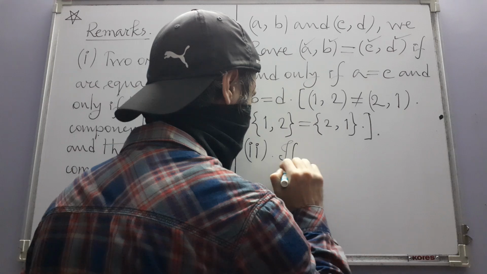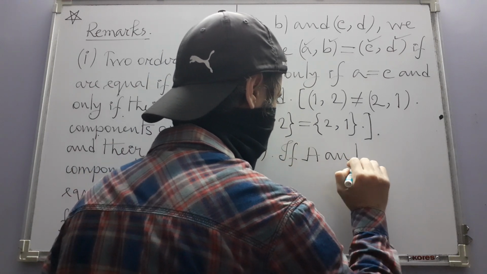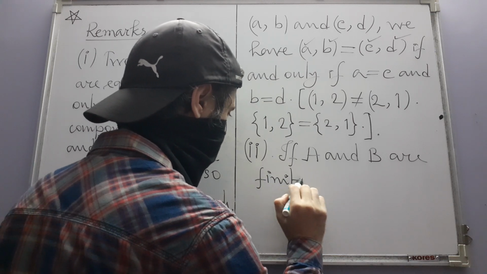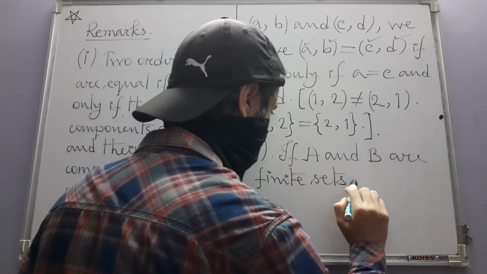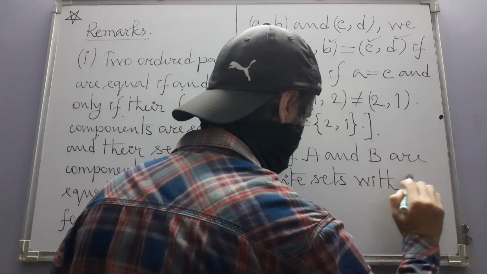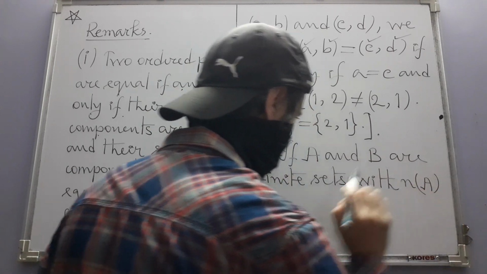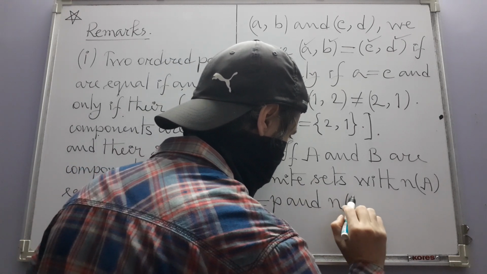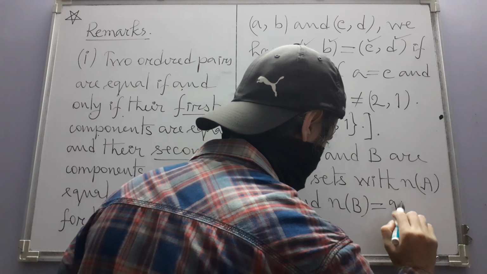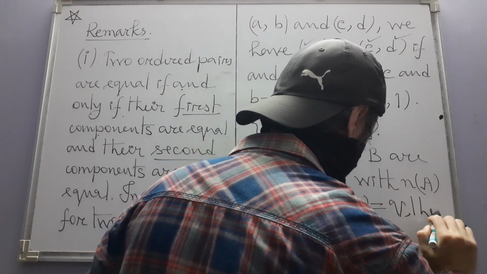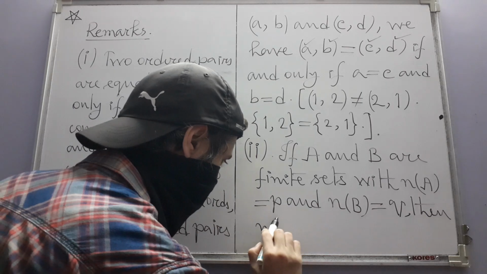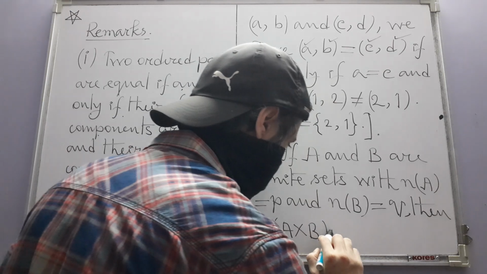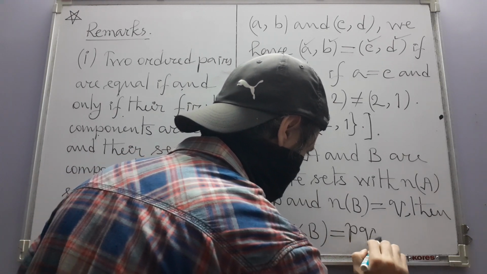If A and B are finite sets with A having P elements and B having Q elements, then A times B is also a finite set having PQ elements.